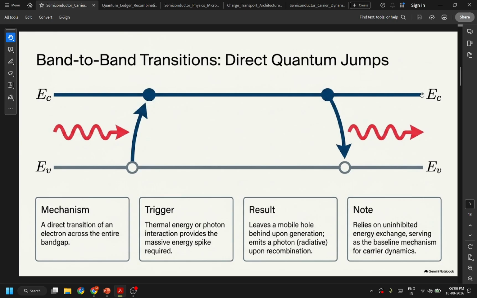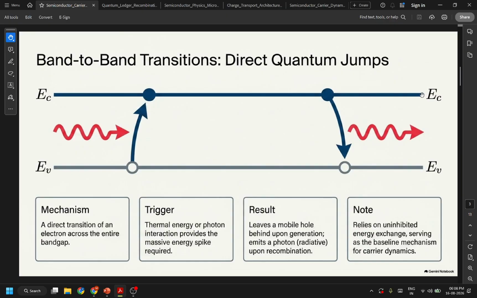So now there can be different types of transitions. The main one is band to band transition, which is a direct quantum jump, a direct transition of an electron across the entire band gap. The trigger can be thermal energy or photon interaction, which provides a massive energy spike that is required to jump the entire band gap.